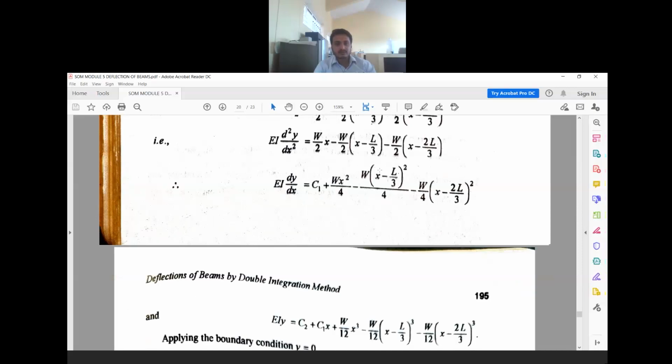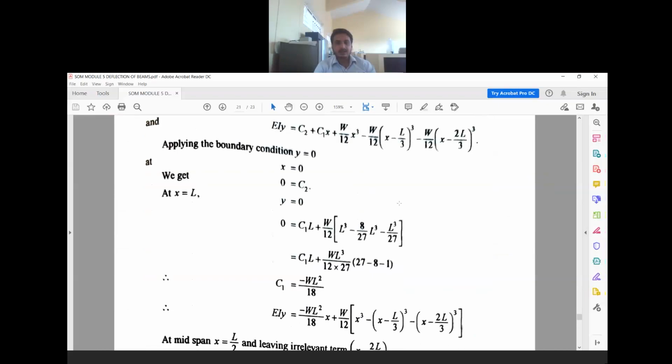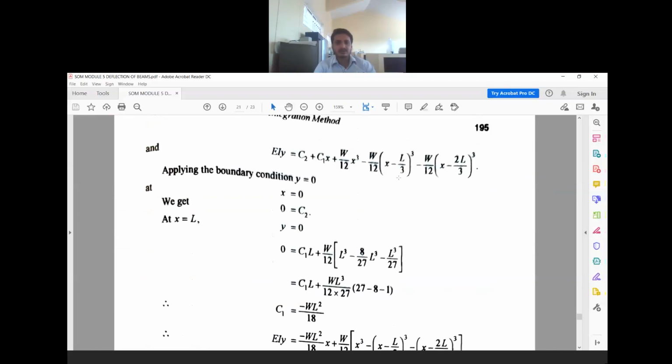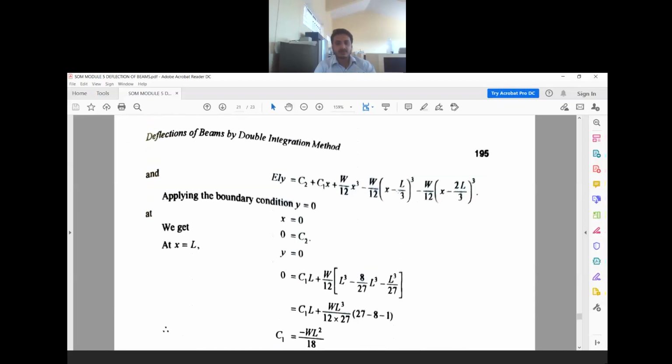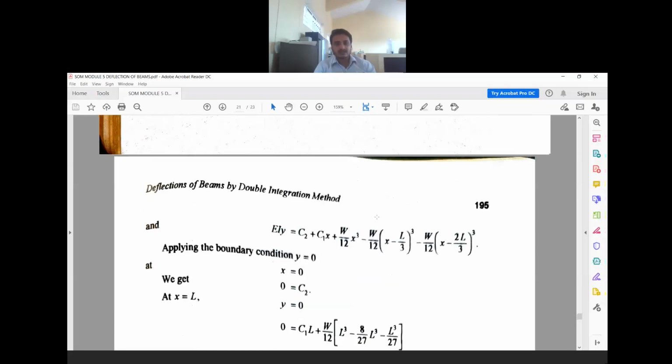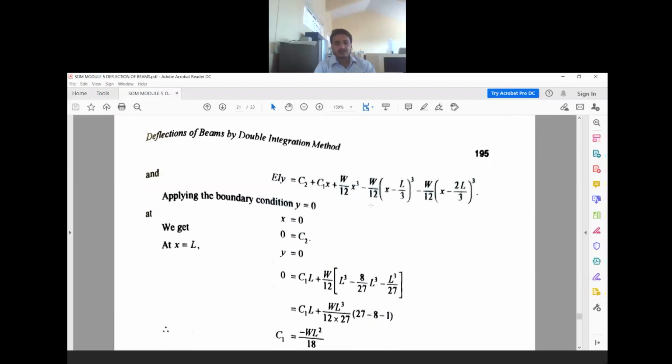So 2 into 2 is 4, divide by 4. Again integrate it once more, we'll get C2 plus C1x plus Wx cube by 12 minus W by 12 into x minus L by 3 whole cube minus W by 12 into x minus 2L by 3 whole cube. After integrating x minus L by 3 whole square, you will get x minus L by 3 whole cube divided by 3. That 3 is getting multiplied with 4, so it is becoming 12.